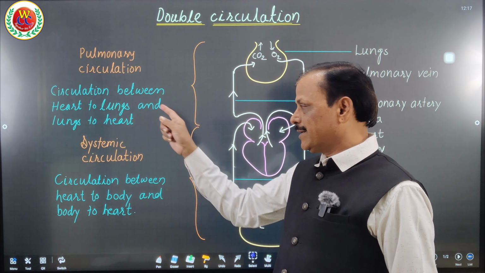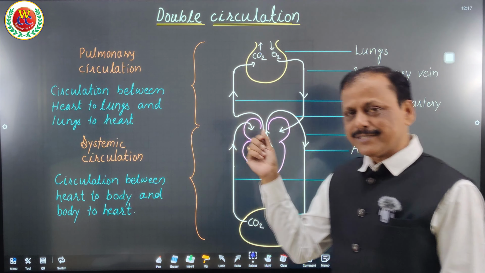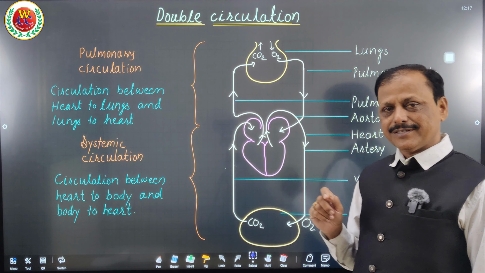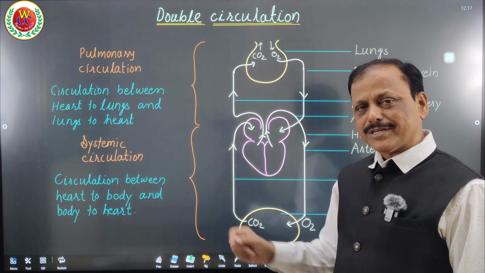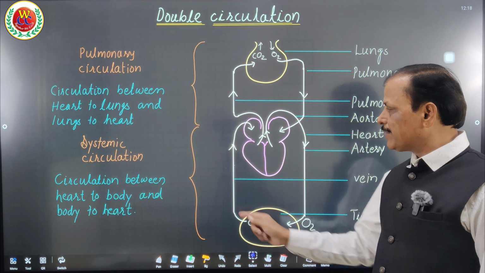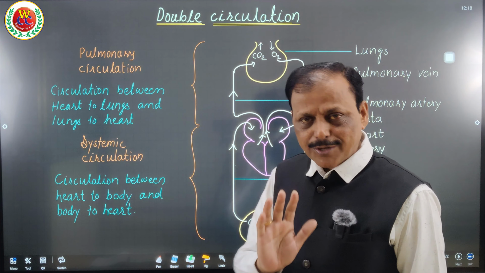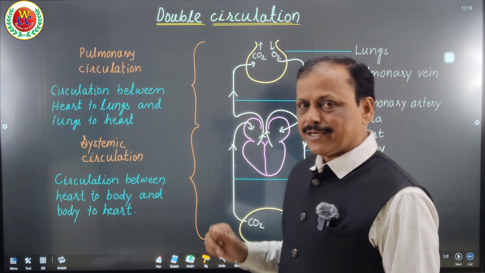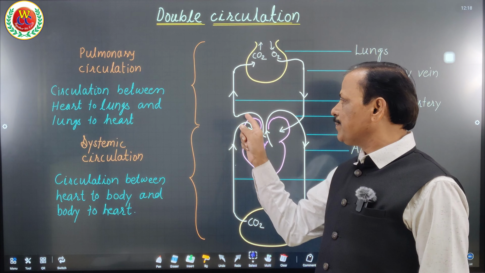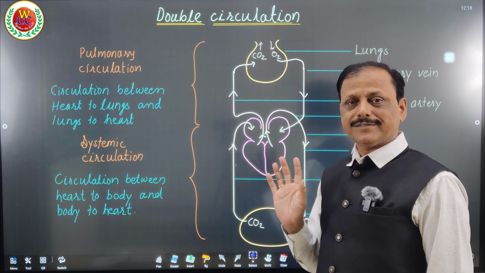That means the pulmonary circulatory pathway is the circulatory pathway between heart to lungs and lungs to heart. And the systemic circulatory pathway is the pathway between heart to different body parts and from different body parts to heart. Now to illustrate it, pulmonary circulation is composed of the pulmonary artery and pulmonary vein.